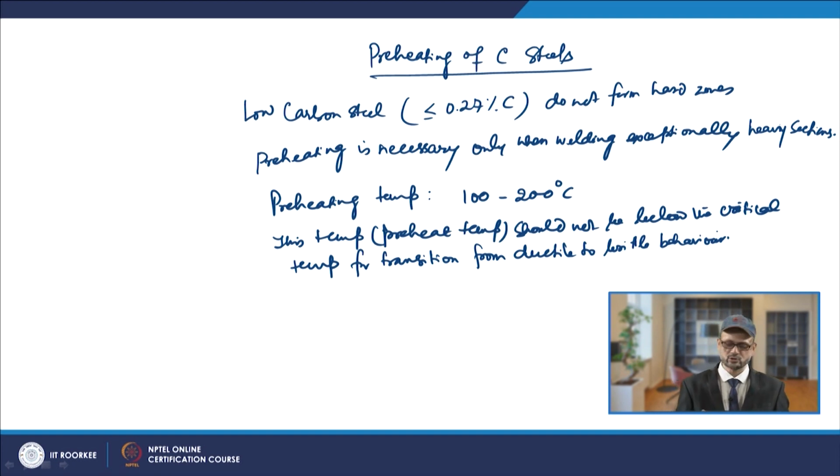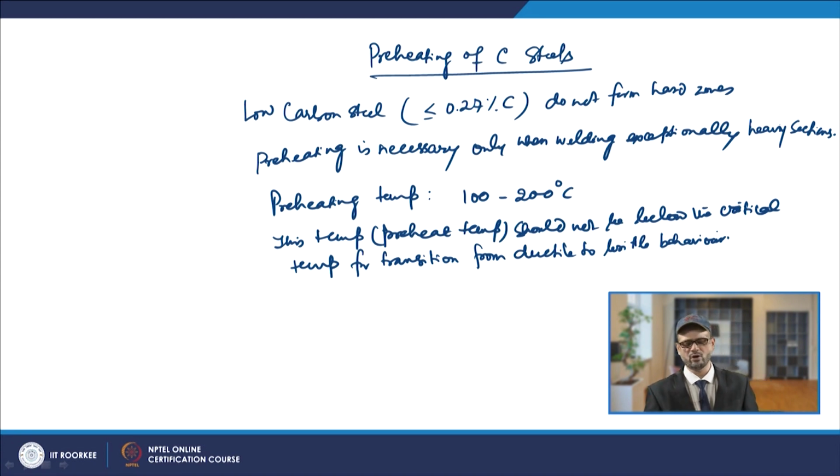If the notch impact value goes below 8 to 10 joule, there will be a problem. Preheating will also be necessary when welding carbon steel with very low carbon content, especially when a very thin plate is welded to a much thicker plate.